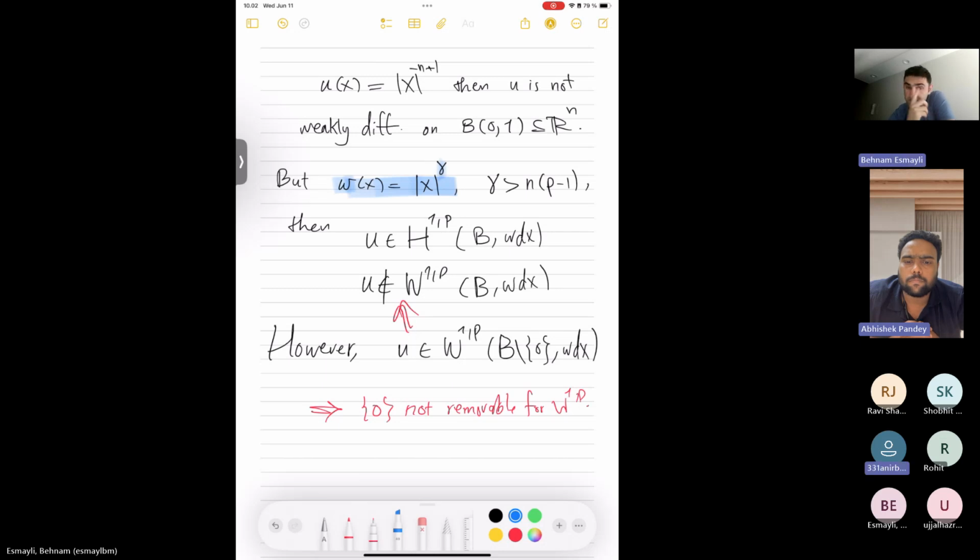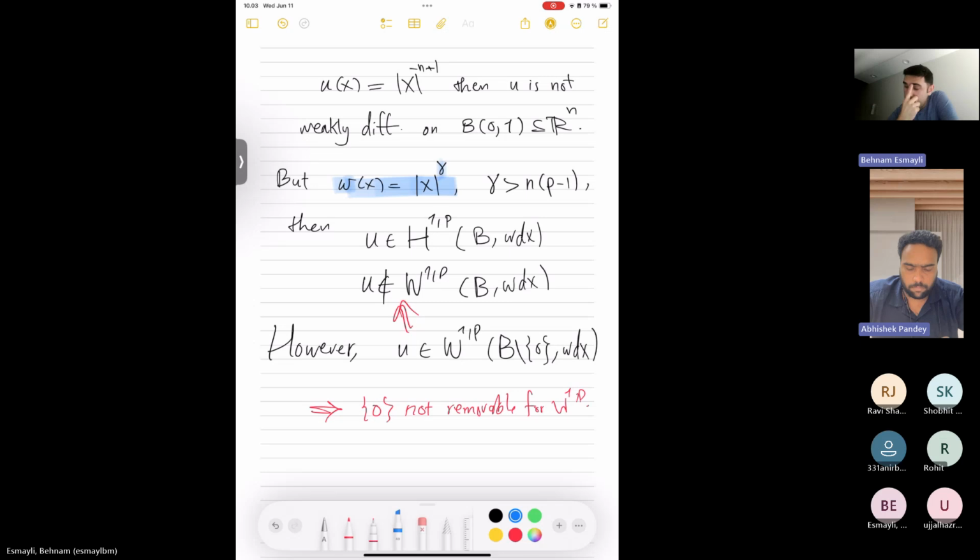Or maybe a subspace that is not the whole W1P? I mean, even for a single point, there are functions in W1P for which the singularity still remains there. So therefore, maybe we can try to characterize subsets of W1P for which sets are removable, or something like that. Or I don't know, maybe that's not important.